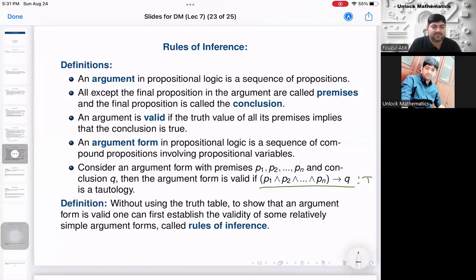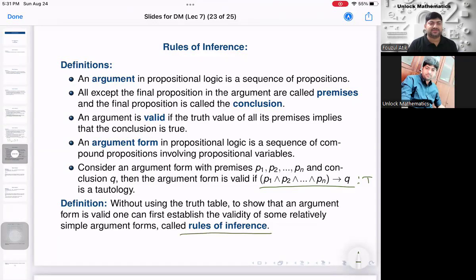This can be a big one also, right? So what we can do is previously solve small argument forms, show that they are valid, and then treat them as formulas to prove whether a big argument form is valid or not.